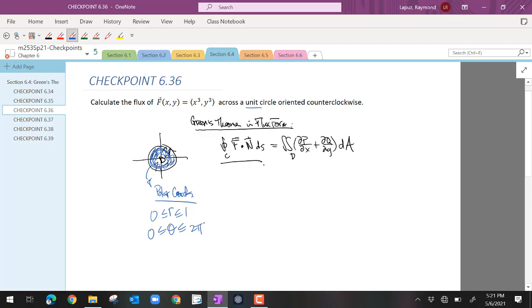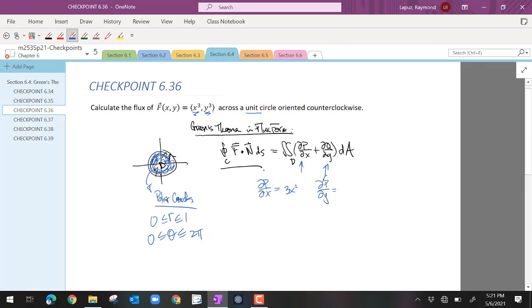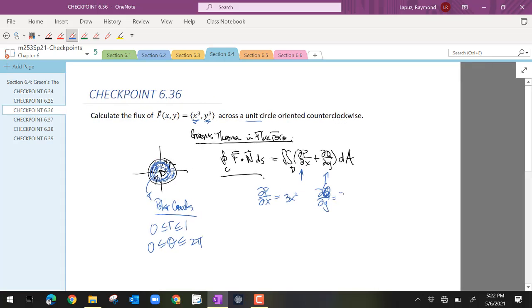Next thing we're interested in is finding out what these values are. So the partial of P with respect to x. P is the first component of your vector field. That's going to be 3x squared. The partial of Q with respect to y is going to be the derivative of y cubed, which is 3y squared.